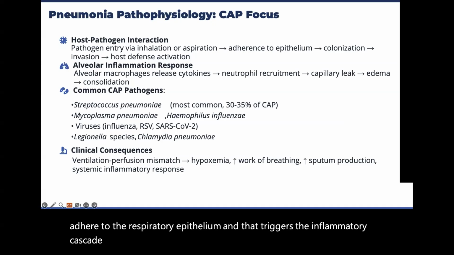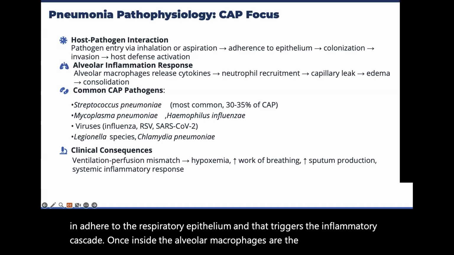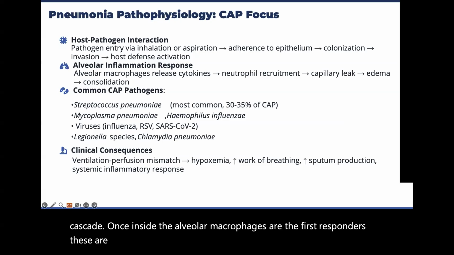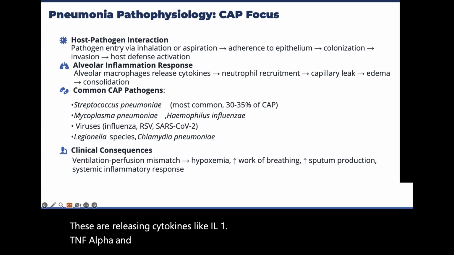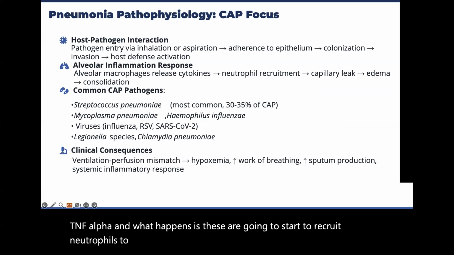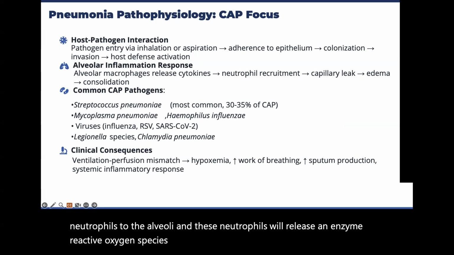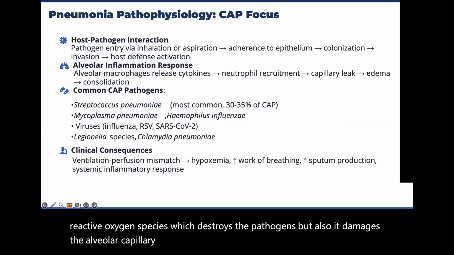Once inside, the alveolar macrophages are the first responders. These are releasing cytokines like IL-1 and TNF-alpha. And what happens is these are going to start to recruit neutrophils to the alveoli. And these neutrophils will release enzymes and reactive oxygen species, which destroy the pathogens, but also damage the alveolar capillary barrier in the process.